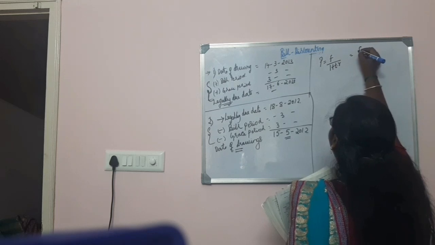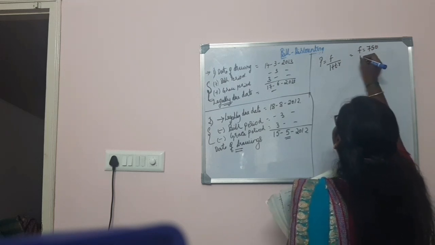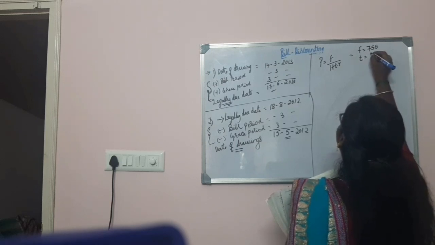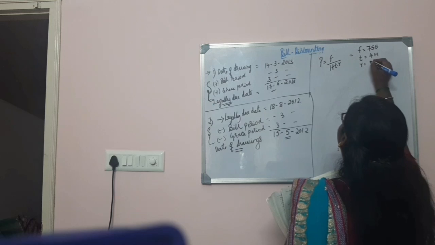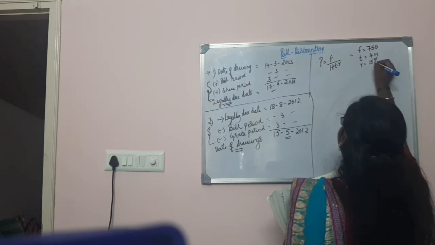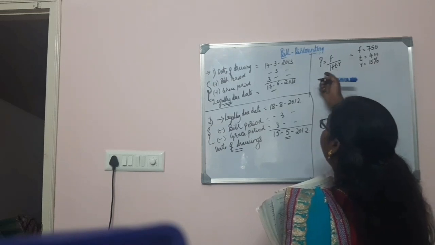So F is equal to 750, T time is 4 months, R rate of interest is 15%. So we are going to substitute this data into the formula.